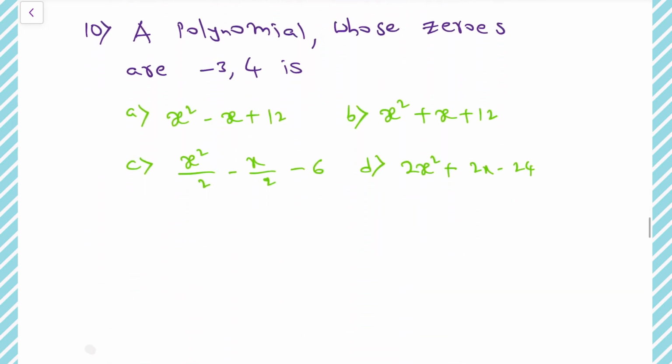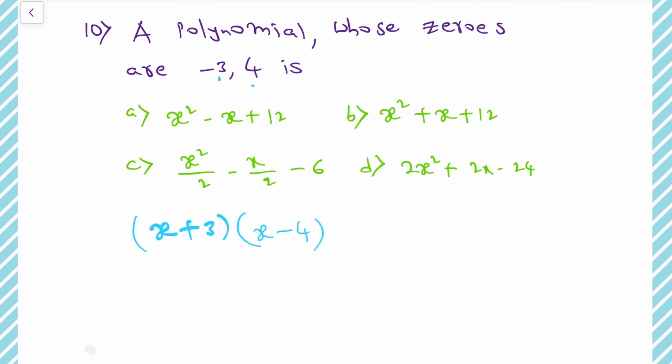A polynomial whose zeros are minus 3 and plus 4. Here minus 3 is there, so x plus 3 will become a factor, into, 4 is there, so x minus 4 will become our factor.